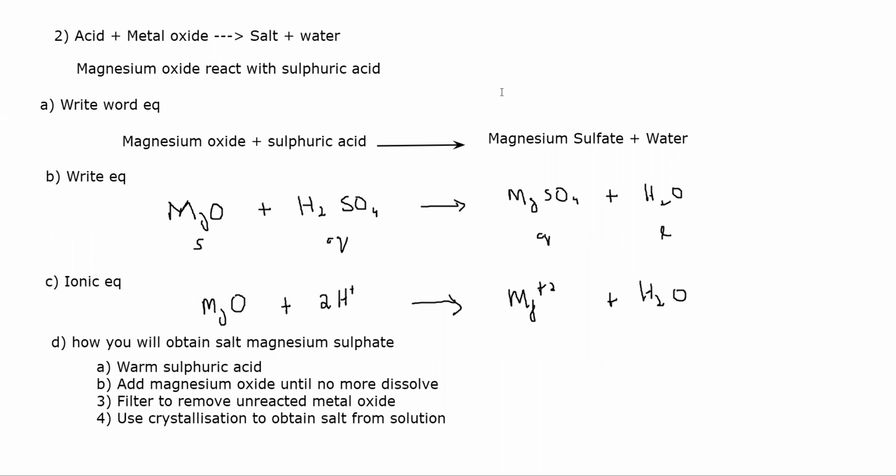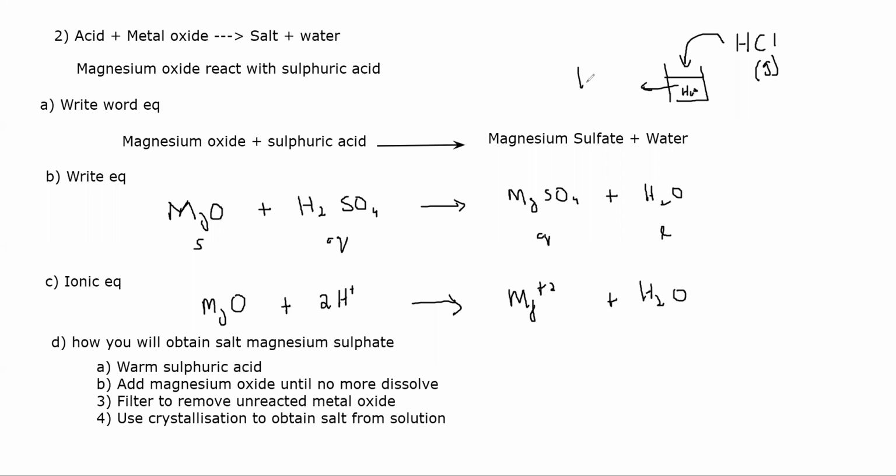The difference between aqueous and liquid state: aqueous means when something dissolves in water. Inside water we call it aqueous. For example, HCl, hydrogen chloride, is a gas at room temperature. So we write the state symbol HCl, gas. But if this HCl is added to water, like you have a container and you add this gas to water, then what do we call that substance?